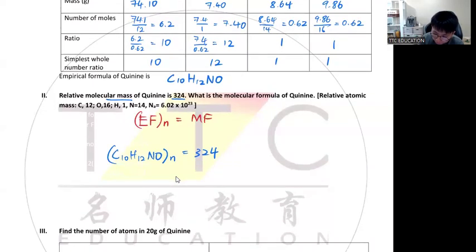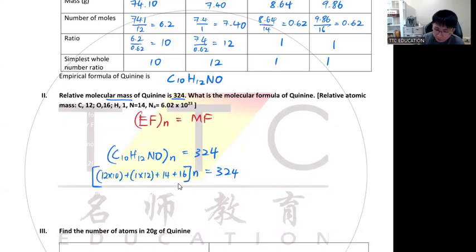So you do 12 times 10 plus 1 times 12 plus 14 plus 16, multiplied by n, equals 324. You substitute all the atomic masses of your C, H, N, O into it and calculate the number. So 120, 132, 146, 162.